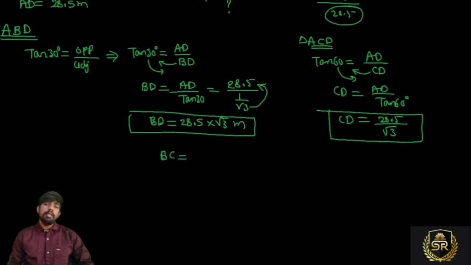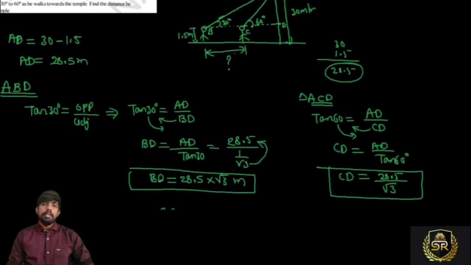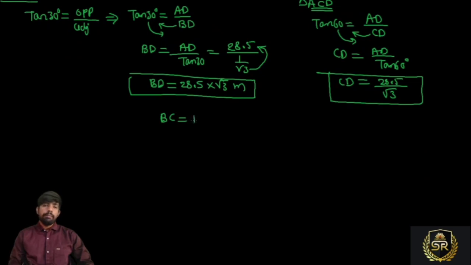So can I write BC is equal to BD minus CD? In a similar way, BD minus CD gives BC. Now BD is 28.5 root 3, minus CD, which is 28.5 by root 3.